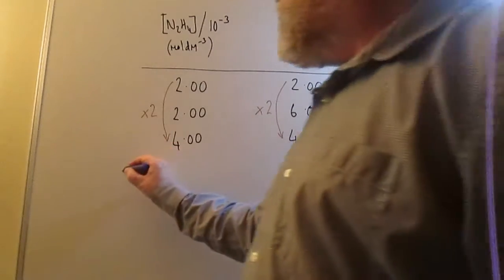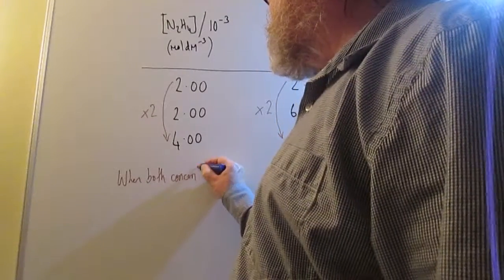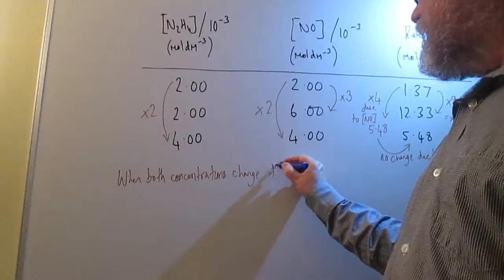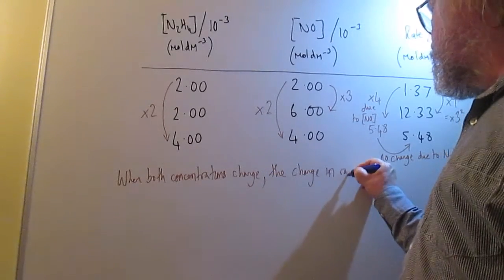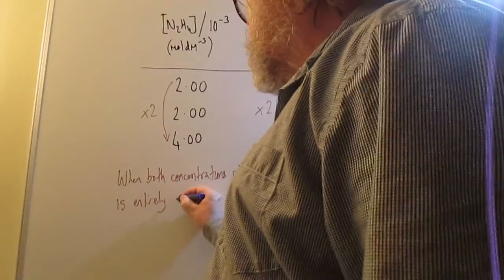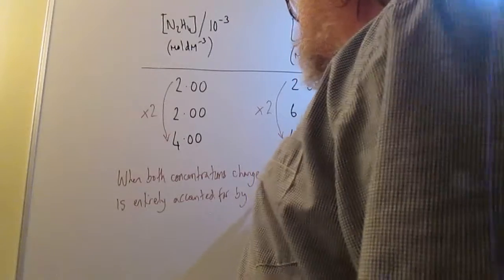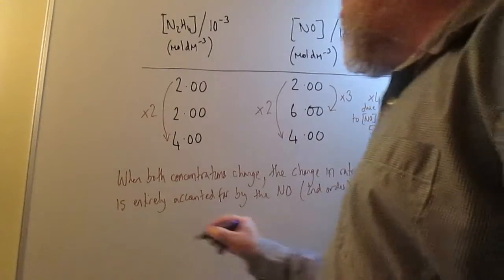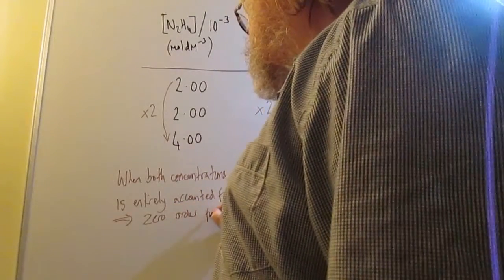So you have to say that when both concentrations change, the change in rate is entirely accounted for by the NO, which is second order, which means that it is zero order for N2H4.